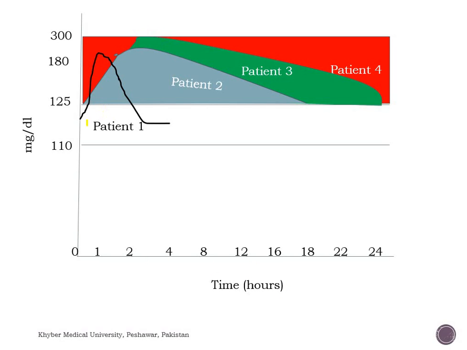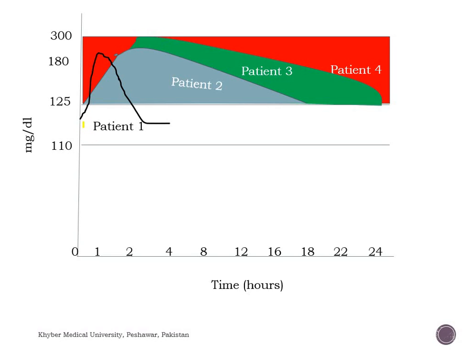If we consider this fasting blood glucose level, above 110 till 120 is pre-diabetic, and at 125 milligram per deciliter, to make it simple for you, above 125 the patient may be called diabetic, suffering from diabetes mellitus.